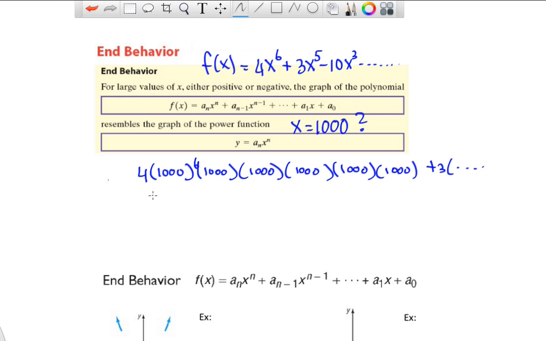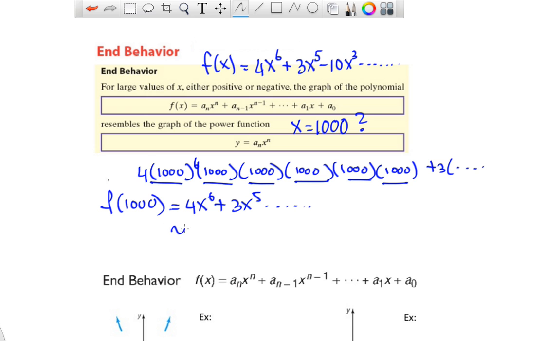But what happens is that these multiplications end up being so large that all the other stuff really doesn't matter. So this function, f of 1,000 for 4x to the 6th plus 3x to the 5th, etc., ends up acting just like 4x to the 6th only. You can ignore the other parts.